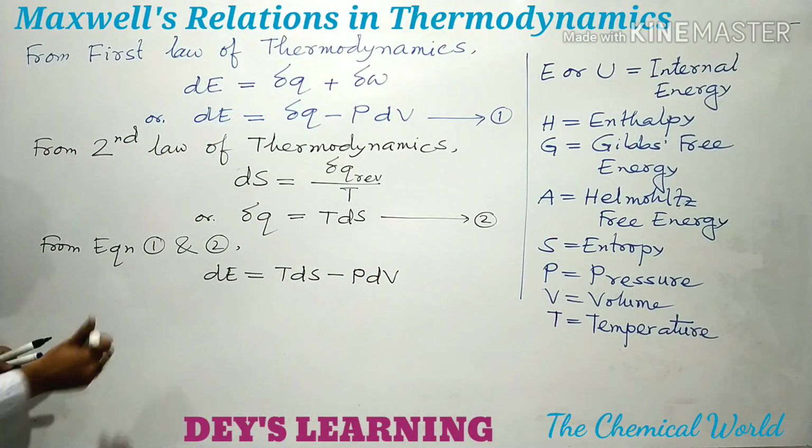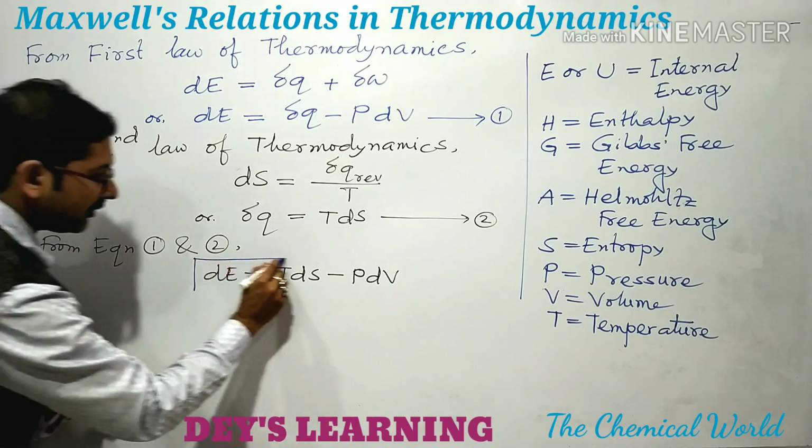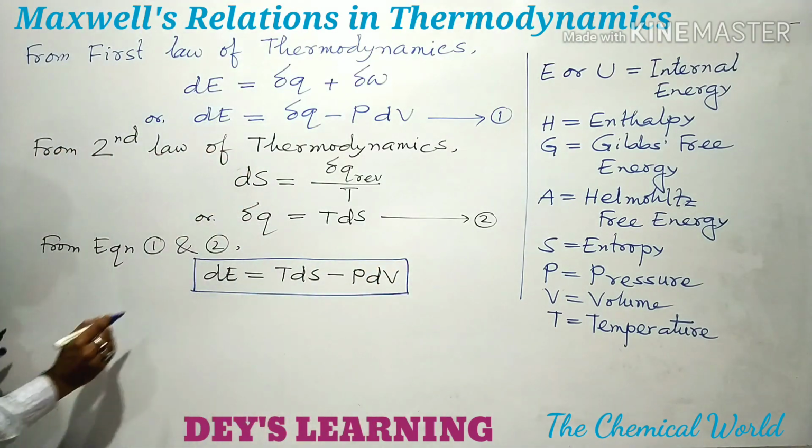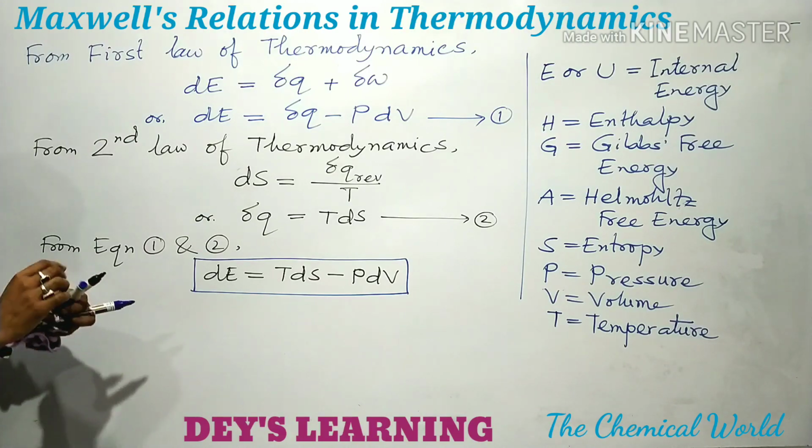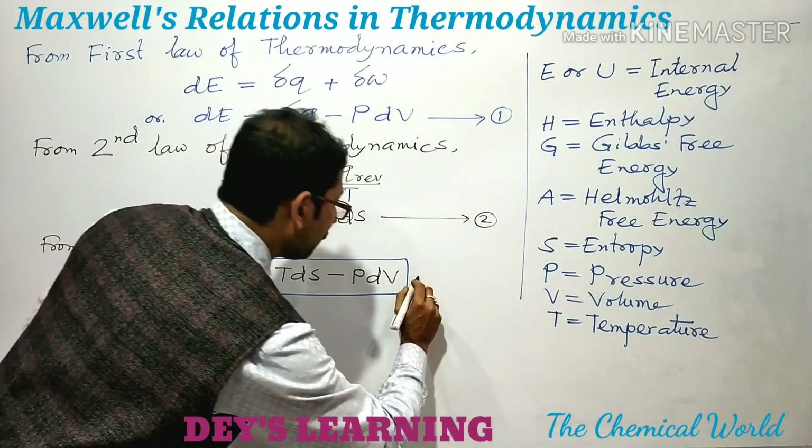So this is a very important relation, dE equal to TdS minus PdV. So this is our relation number 3.